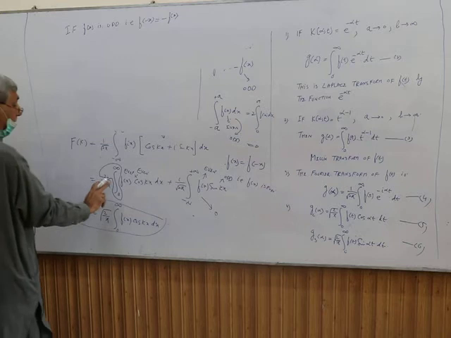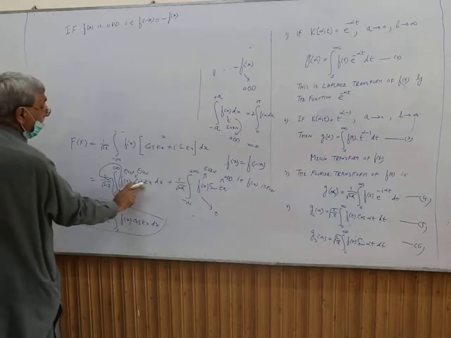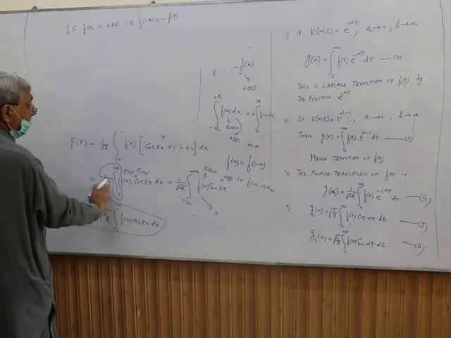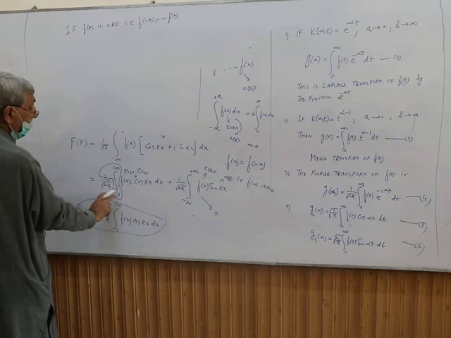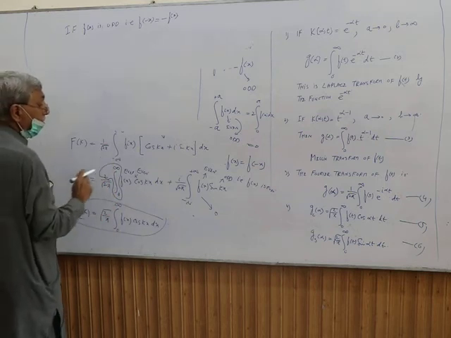What you get, look, this is odd, this is even, so even into odd is odd, and this result will be 0. You cannot write it as 0 to infinity like that, so that will be 0.